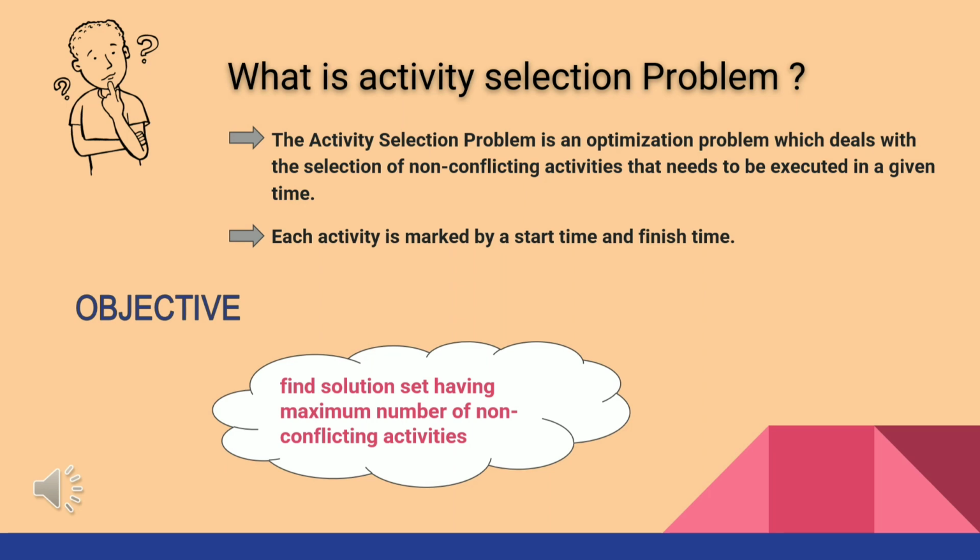So now let us consider that you have n activities with start and finish times. The objective is to find the solution set having a maximum number of non-conflicting activities that can be executed in a single time frame, assuming that only one person or machine is available for the execution. So this is basically what the activity selection problem is.